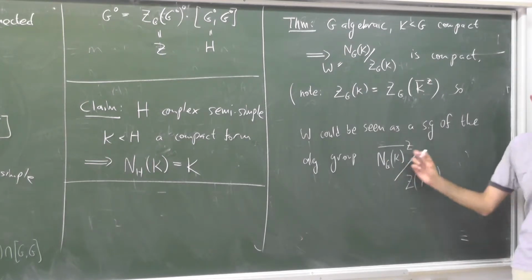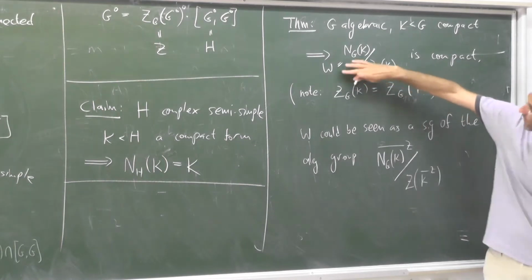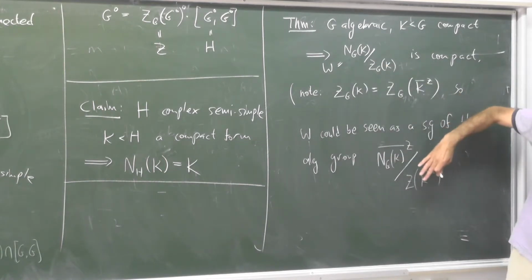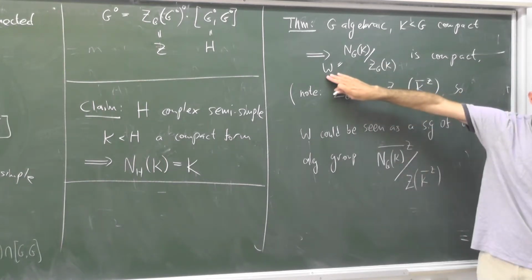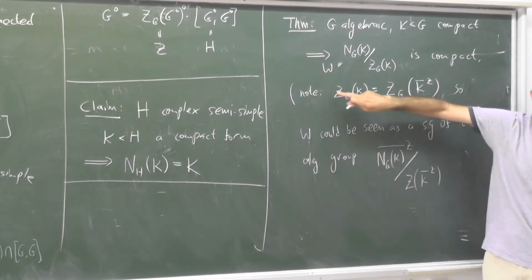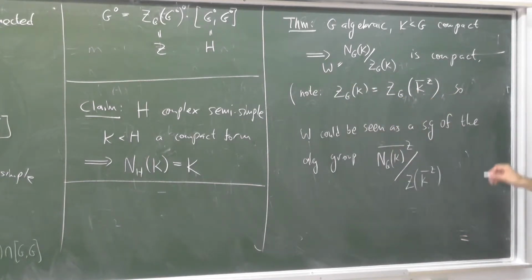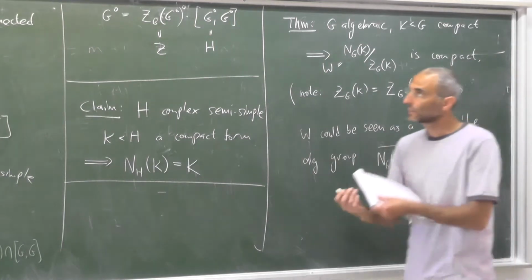So this is the algebraic group, and this is the natural host for this thing, and in this one, this is compact. This is the claim. Okay. So that statement is clear.